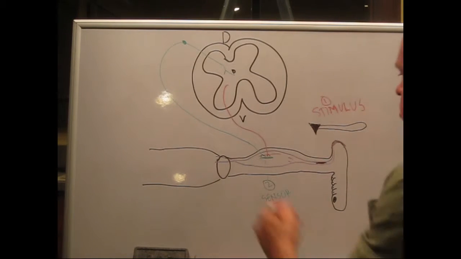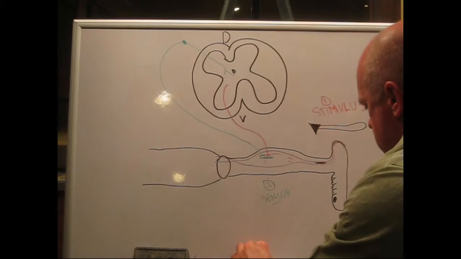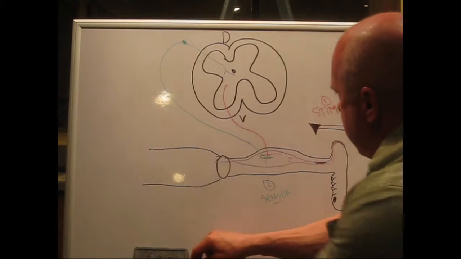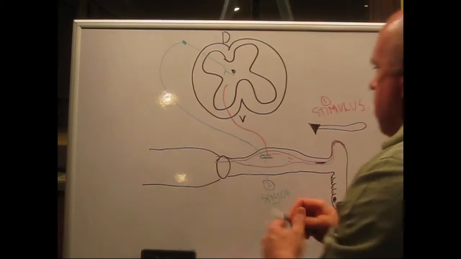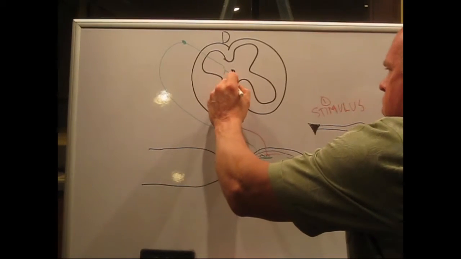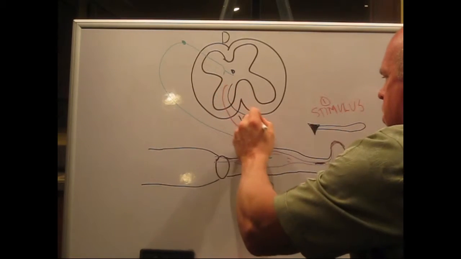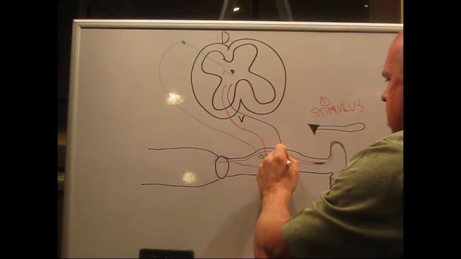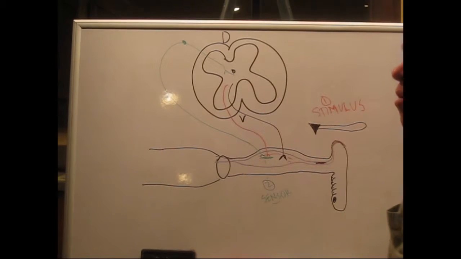Okay? So there's the innervation of the muscle spindle. And then in addition to that innervation, we have also motor neurons innervating the gastrocnemius muscle itself.